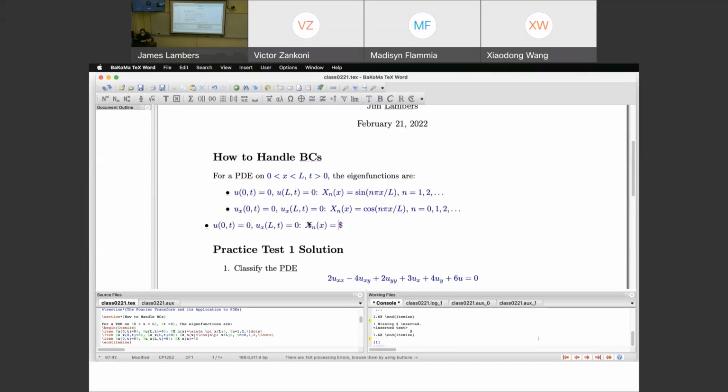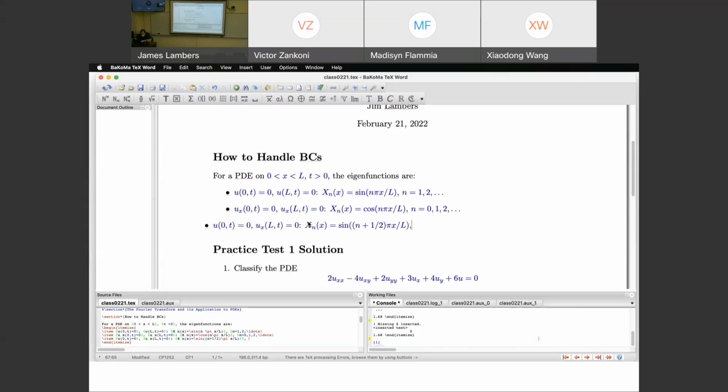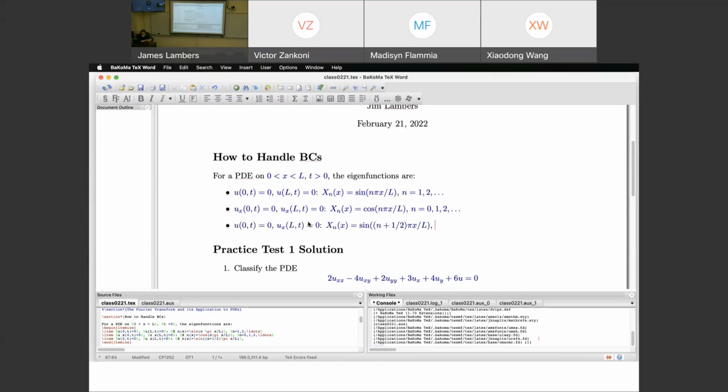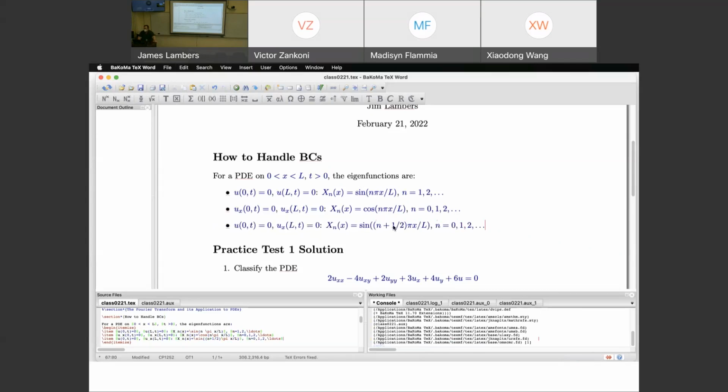What you're going to have is sine of (n plus a half) pi x over L. And here we do need n equals 0, even though it's a sine function, because of the 1/2. So the first function in the sequence would be sine of (pi over 2) x over L, and so on.